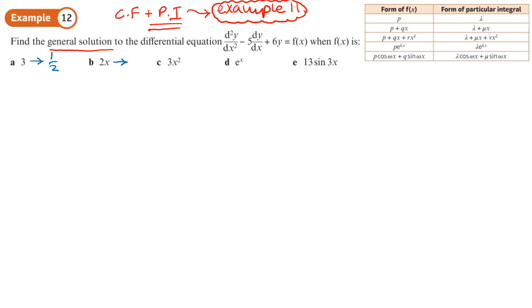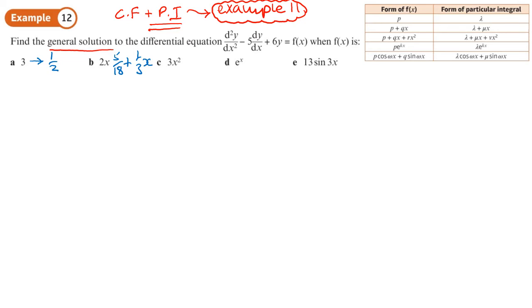For part B, that was 5 over 18, so I'm going to need a bit more space. 5 over 18 plus a third x.